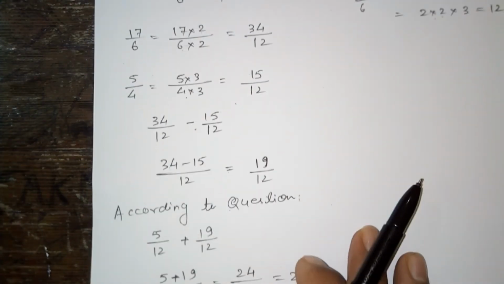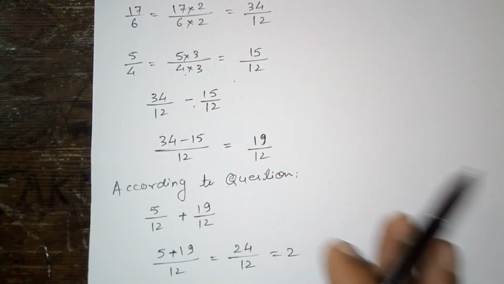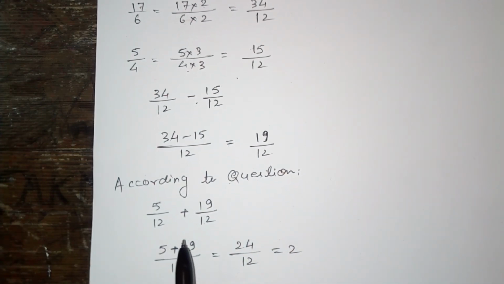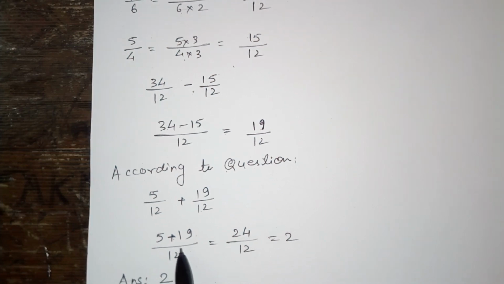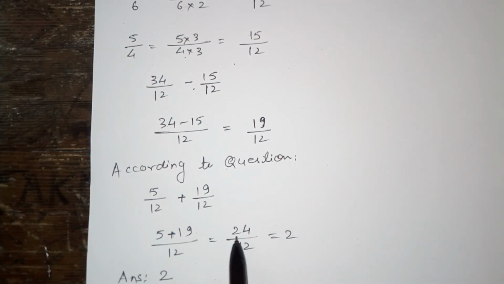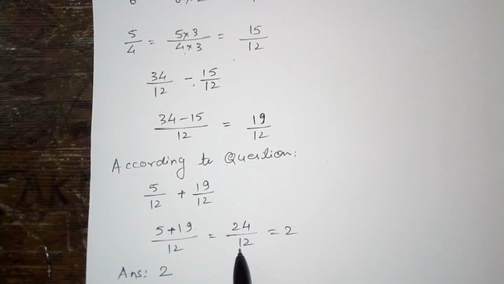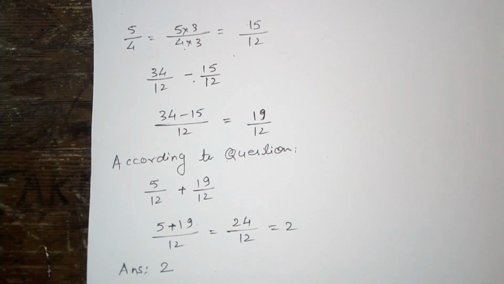Okay. Now look here. 5 upon 12 plus 19 upon 12. These two fractions are like fractions. It will be very easy to add. It will give you 5 plus 19 upon 12. 5 plus 19 will give you 24. 24 upon 12.